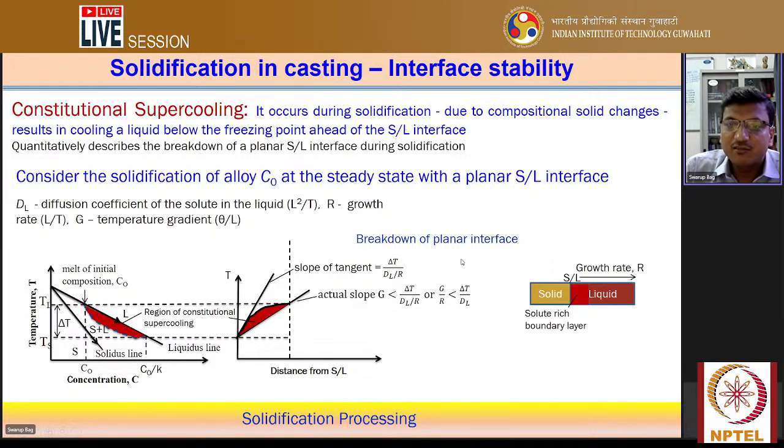So breakdown of the planar interface is possible if G by R is less than delta T by DL.